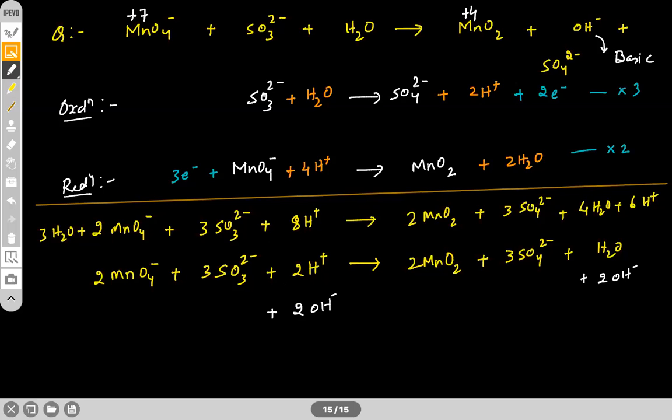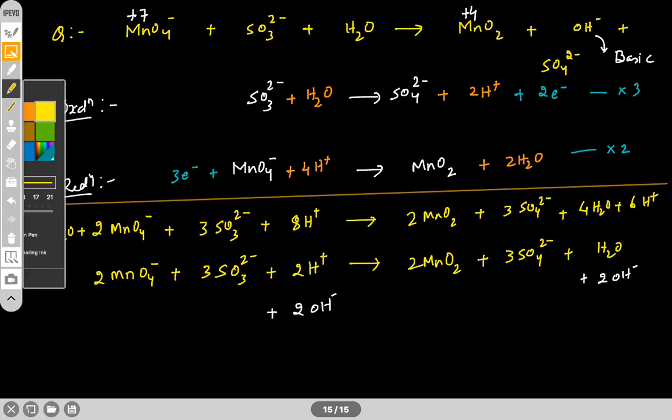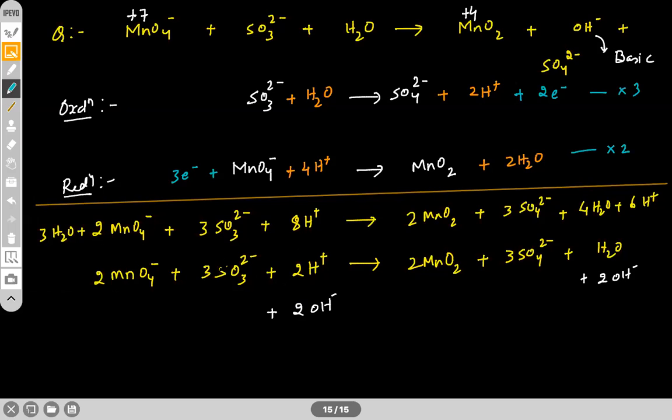Okay, so this you see here, 2H plus and 2 OH minus. Now, what I said is that you have to write down the net reaction, balanced reaction means the net reaction. This forms 2 molecules of water and 1 molecule of water we already have. This one and this one get cancelled. We get 1 molecule of H2O here.